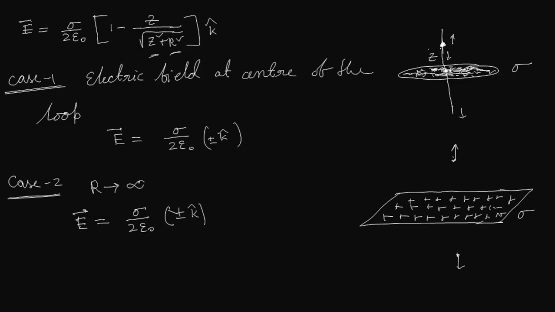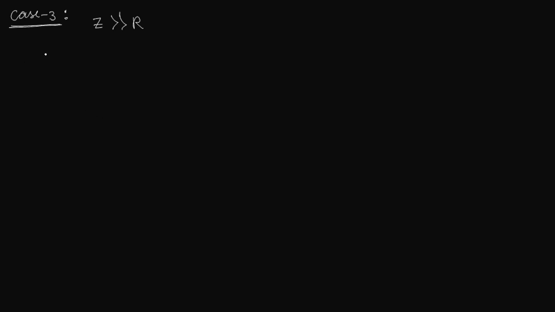Then case 3. Consider a point where, let's say, z is much greater than r. We are considering a point on the axis where the value of z is much greater than r.